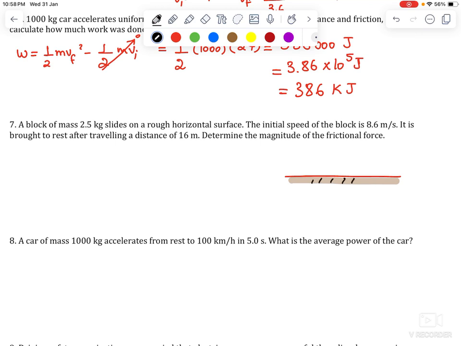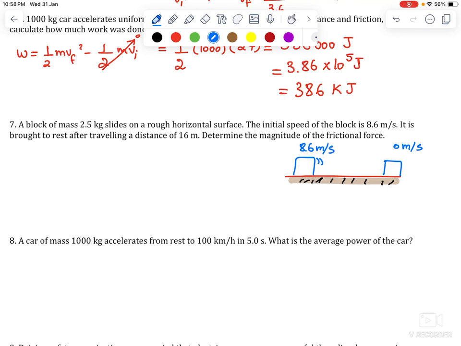We have a block that was moving with a speed of 8.6 meters per second, and finally it stops due to friction.